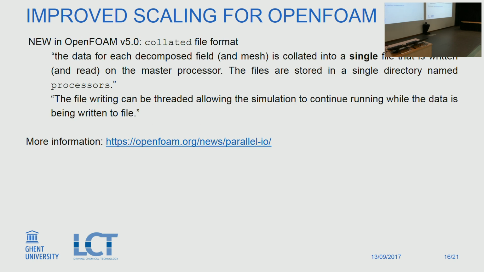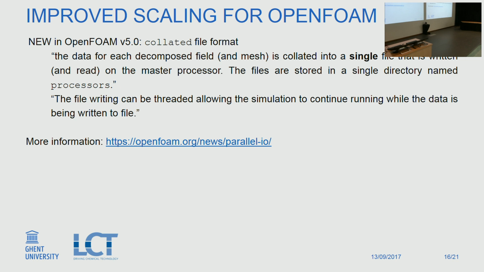One thing that's new also in OpenFOAM 5 that was brought out in July is a collated file format. As you know, in every time directory OpenFOAM has one file per field that you want to save. The openfoam.org branch has a new file format called collated.